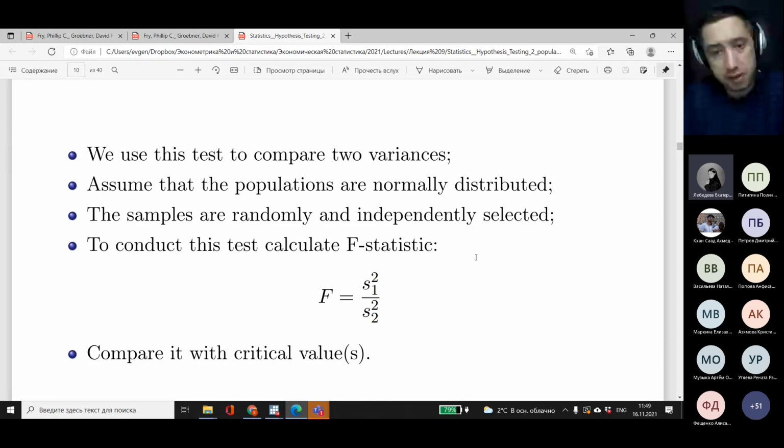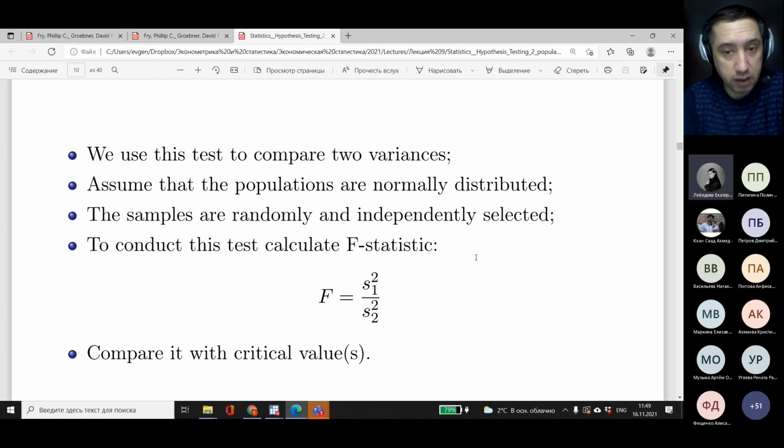And to compare two variances, again, you have to calculate a statistic. You have to transform the difference in averages into some value, and here we have to recalculate the difference between two variances into F values, or F statistics. And by the way, the formula is pretty easy.